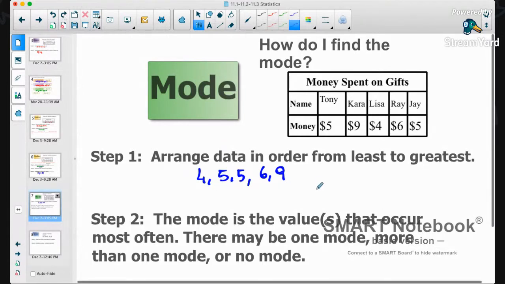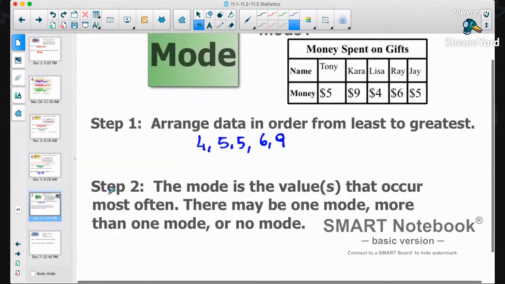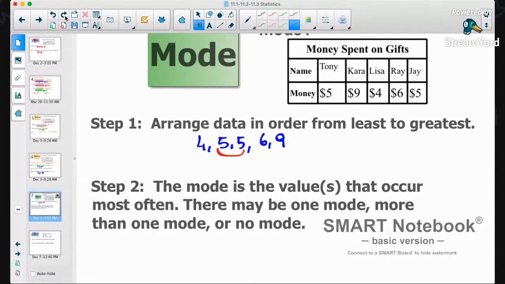After ordering them, step 2, the mode is the value that occurs most often. There may be one mode, more than one mode, or no mode. Can you please tell me which data is repeating itself more? It is 5. So 5 is your mode.